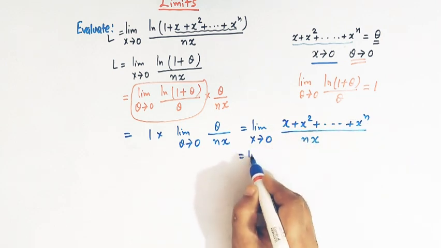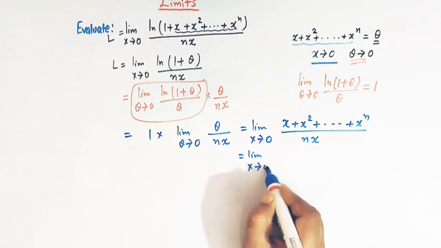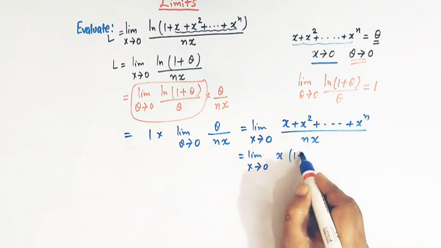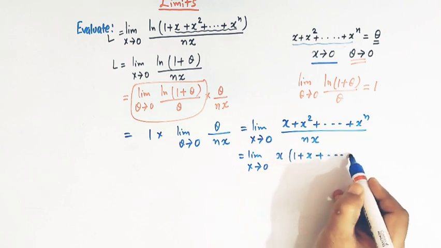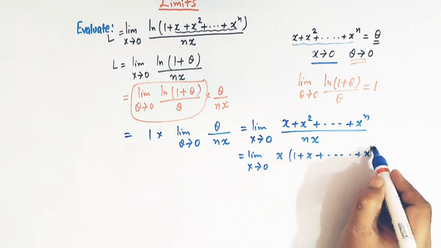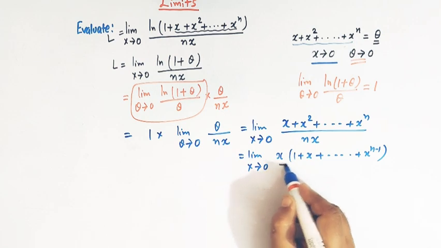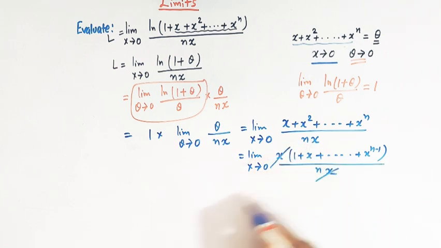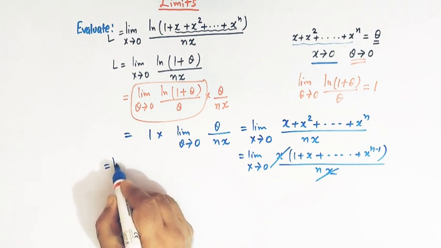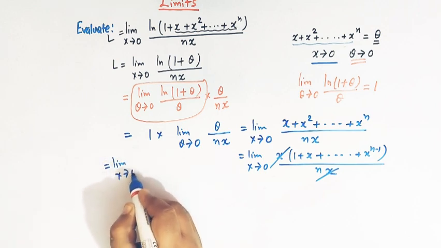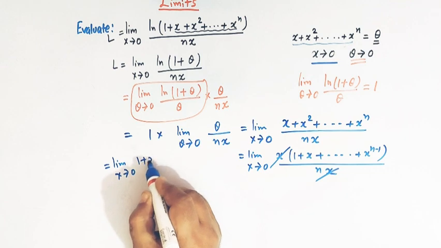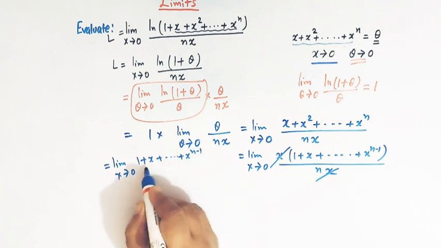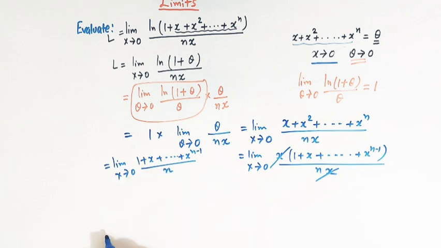Now if we take x common in the numerator, we have x times 1 plus x plus up to x raised to n minus 1, and in the denominator we have an x. So x and x get cancelled, and we are left with the limit as x tends to 0 of 1 plus x up to x raised to n minus 1, divided by n.